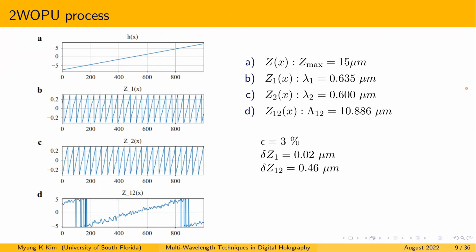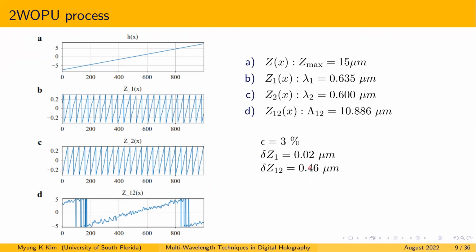On the other hand, if we assume about 3% of noise in each of the single wavelength phase profiles, the synthesized height profile also has 3% of the maximum height, or square root 2 times 3% to be more precise.